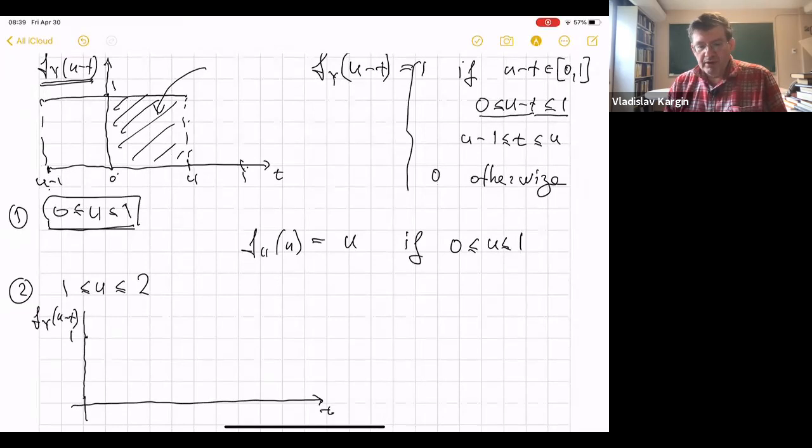Here's 0, 1, and now u is between 1 and 2. So this is our u, and this interval from u minus 1 to u, where this function is equal to 1, looks like this. This is u, and here's u minus 1. On this interval our function is equal to 1.